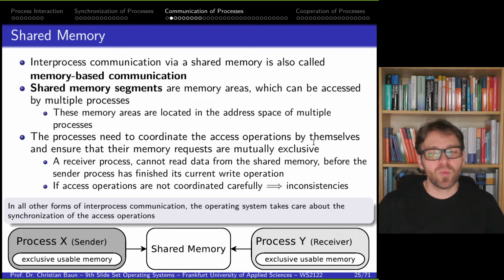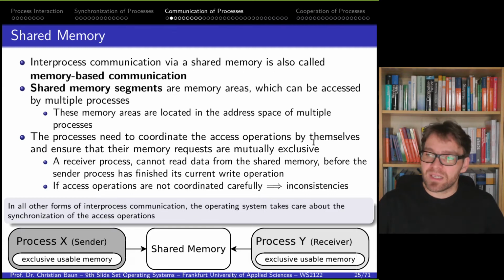When we use shared memory, we implement so-called shared memory segments, and these memory areas are accessible for multiple processes. That's something special, because you remember, in virtual memory, every process is only permitted to operate in its own virtual memory address range. So shared memory violates this limitation, or this law, basically.